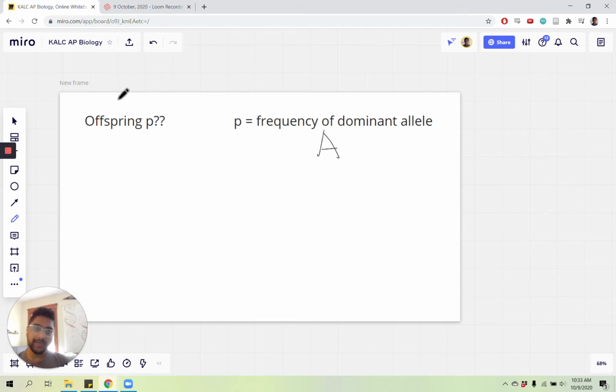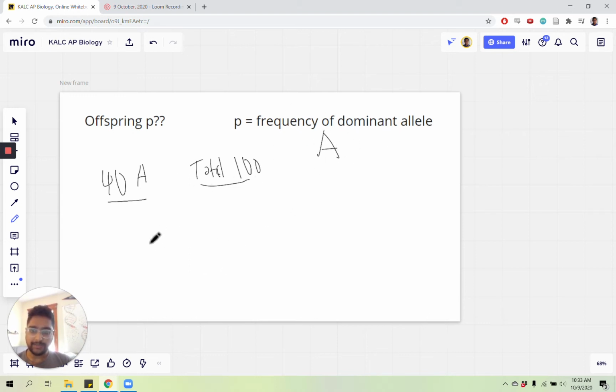Okay, so we can take a step back here, similarly to how we approached question 18, and think about, well, what if I just gave you a different problem? If I said you had 40 A alleles in a population, and the total of the population was 100 total, 40 A. How could you figure out the percentage, the frequency of A?